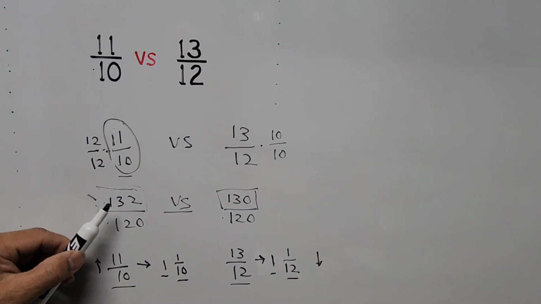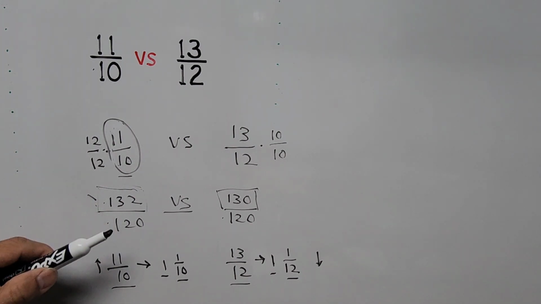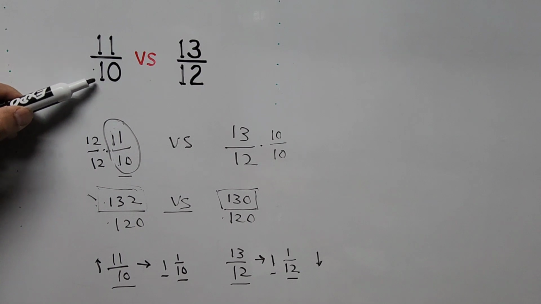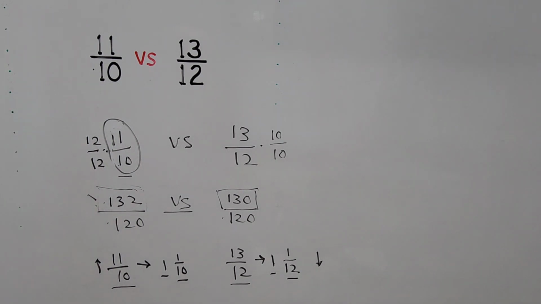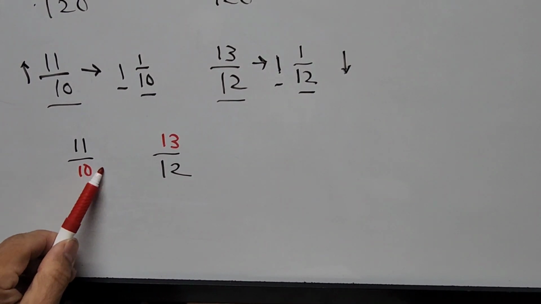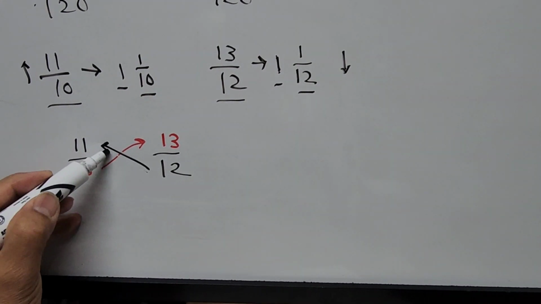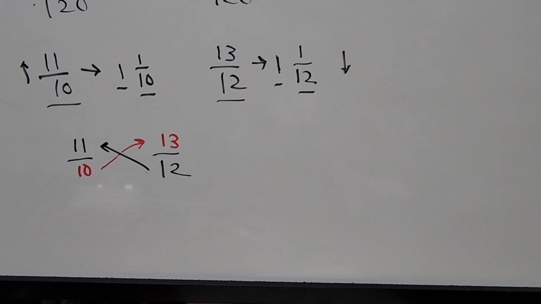And 132 is actually divided by 120, and this is from the fraction 11 over 10. So, cross multiplying 13 and 10, and 12 and 11, here we got the answer.